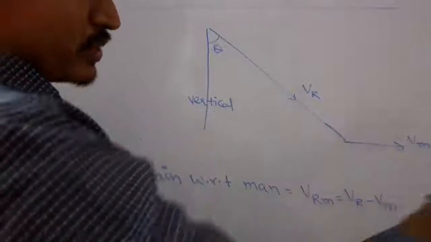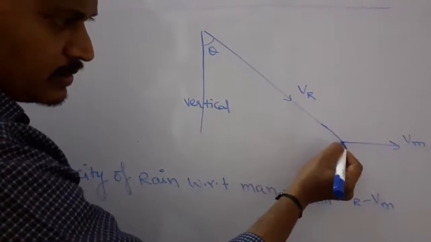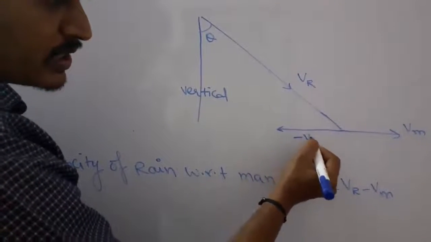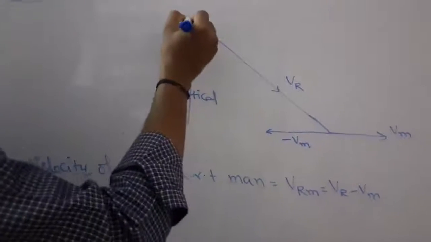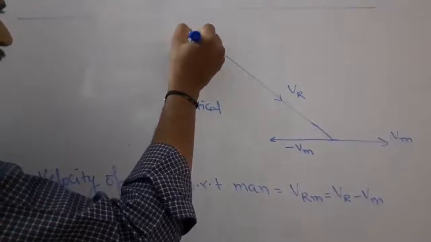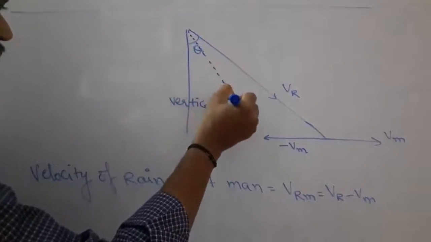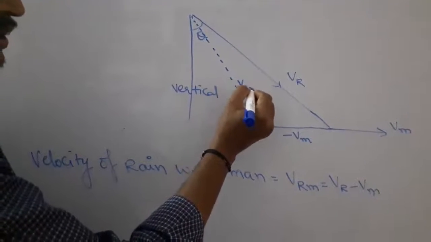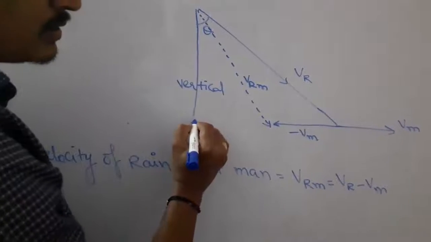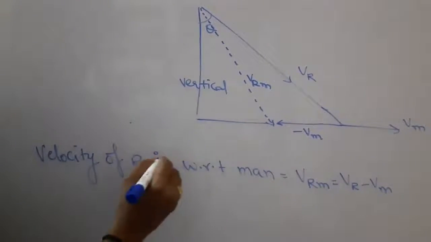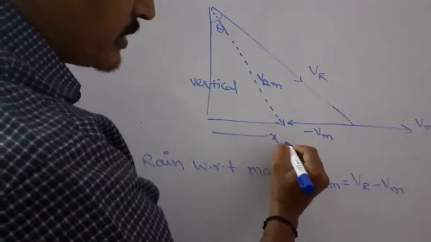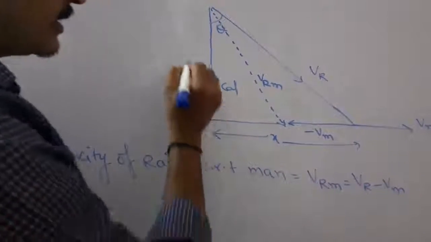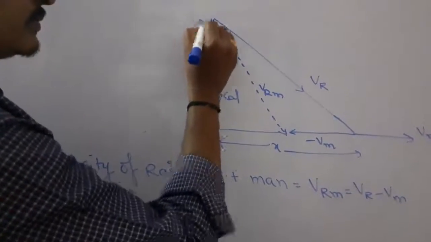Okay, this is plus Vm. Next we can consider this as minus Vm. Now the resultant is closing the triangle taken in reverse order. This is Vrm. Up to here we can consider as x, and this is Y.